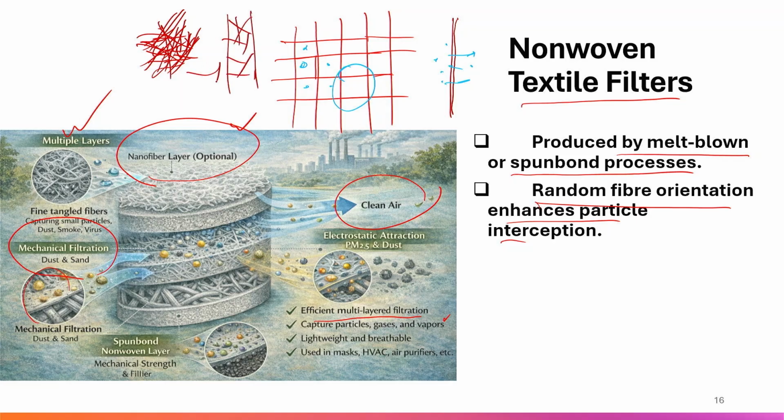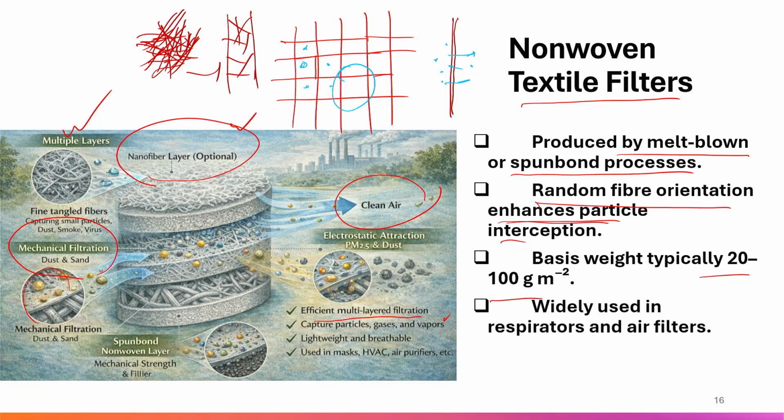Now, you can see due to the random structure, the entrapment efficiency will increase due to interception, it can intercept within the structure. The areal density, that is basis weight, is typically 100 to 200 gram per square meter, and these are basically used for respirators and air filters.